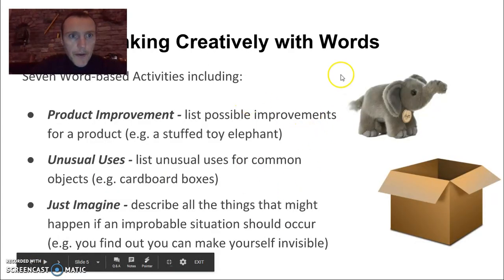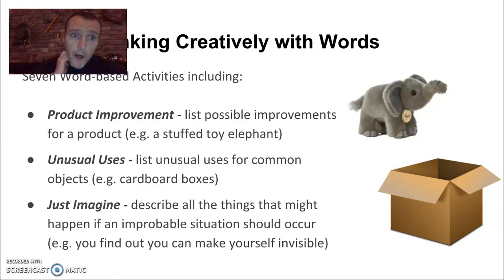Okay, so next one is thinking creatively with words. This is the second part of the Torrance test. And again, there are 3 different tasks, which I'm going to explain to you. There's product improvement.